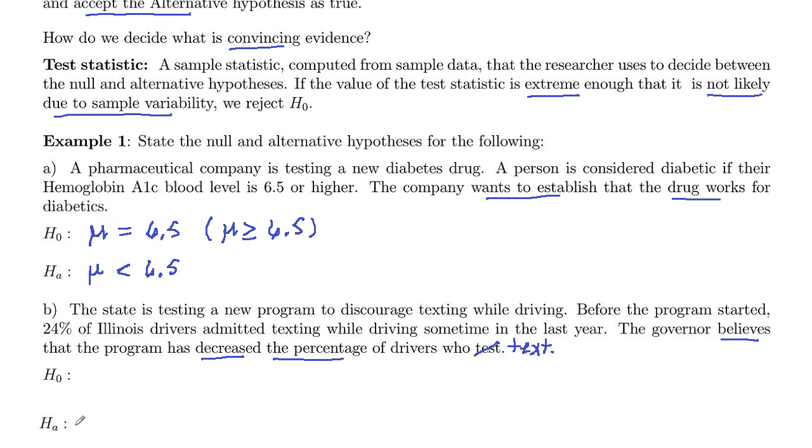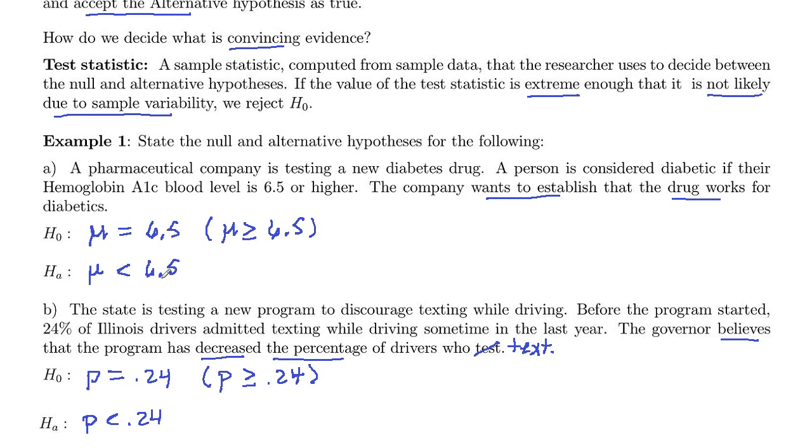And so HA, what we're trying to show, is that that percentage or proportion has decreased, so P less than 0.24. If that's not the case, then we'll accept the previously known default that P equals 0.24. Although you could also do P greater than or equal to 0.24. It depends on the textbook that you look at, whether it's equal or greater than or equal, less than or equal.